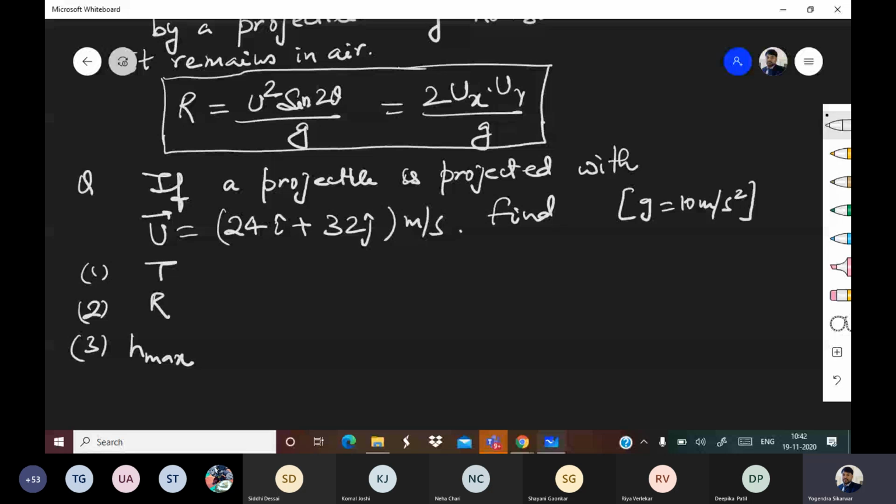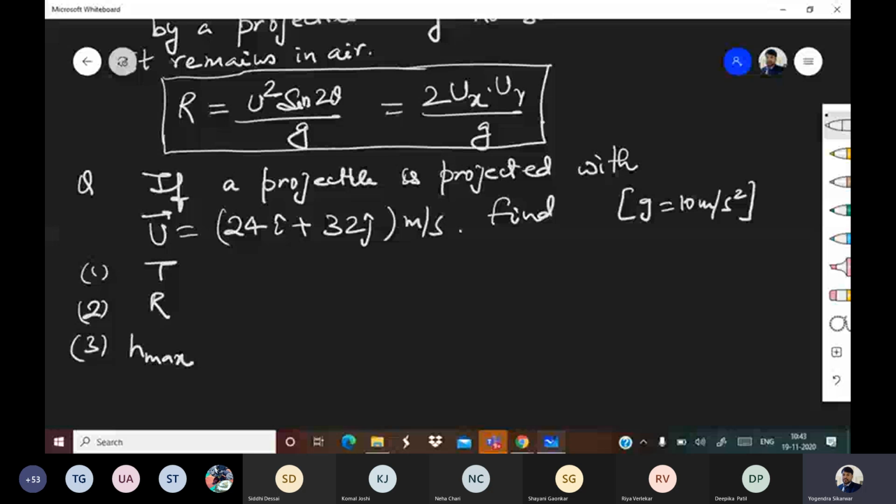Pratyusha is asking, sir, why is only the y direction used for time of flight and not the x direction? Pratyusha, you see that the object remains in air only till it reaches back to the ground. So what is keeping the object in air? Is it the horizontal velocity or the vertical velocity?